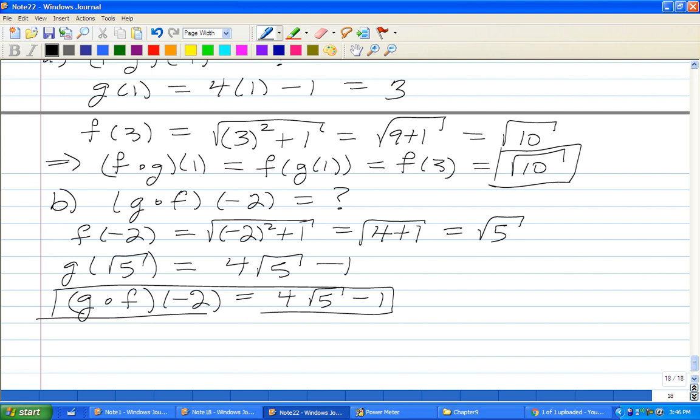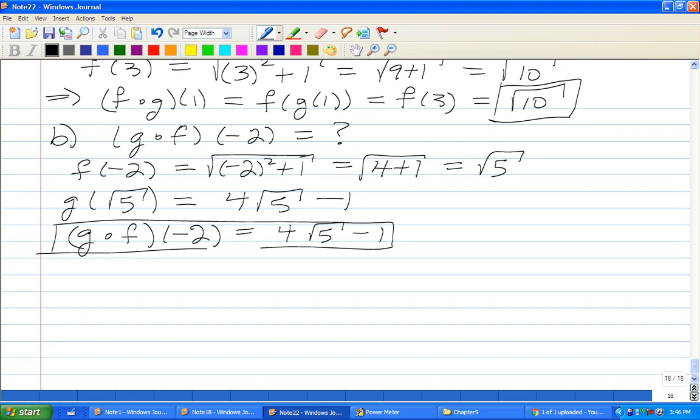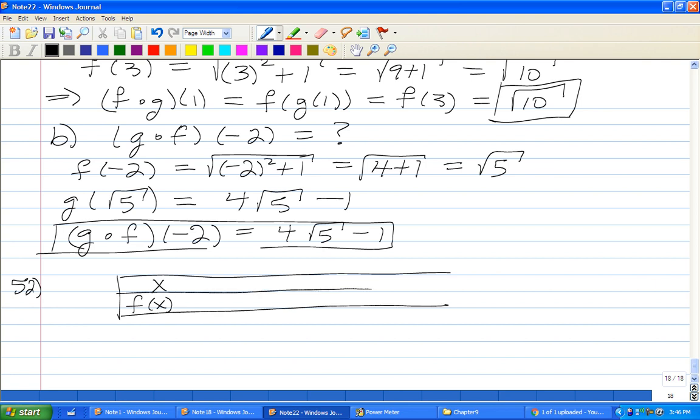Let's do problem number 52. So x, f of x: negative 3, 7; negative 2, 5; 0, 1; 1, negative 3; 2, negative 5.